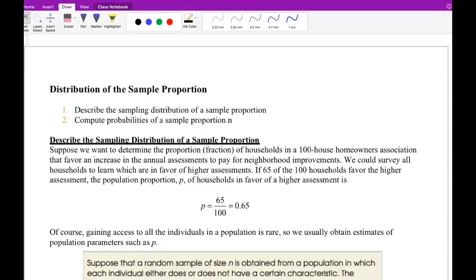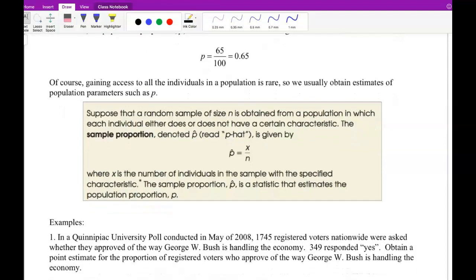Hello everyone, here is the distribution of sample proportion. To find the sample proportion, we have p hat equal to x divided by n.